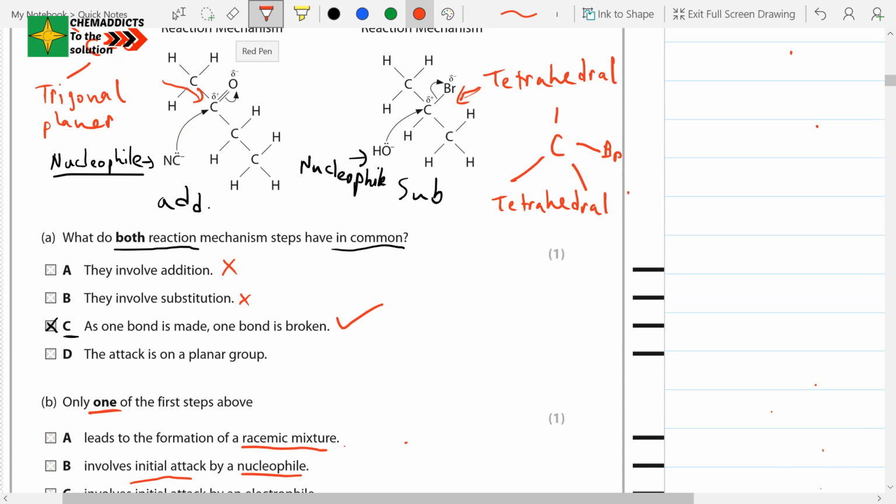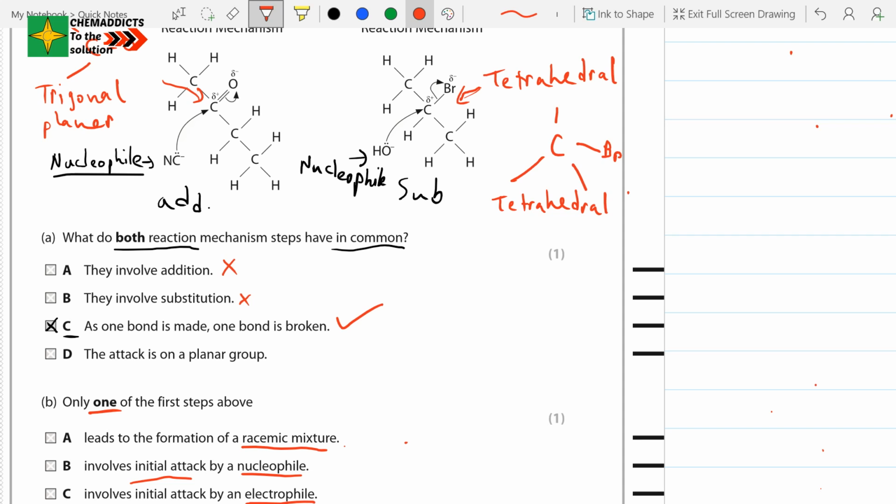If we redraw the structure of this molecule, it would look something different. Let's concentrate on the carbon that is bonded with bromine. This particular carbon is being attacked by the nucleophile, and the main reaction happens over here.